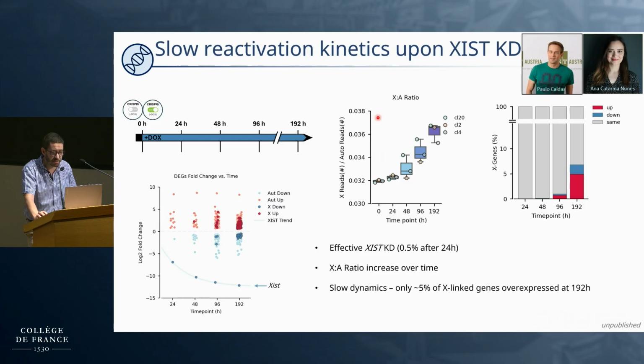It was significant, but if you see here at the scale, this is far from being drastic. Actually, we think only at 192 hours, that is our last time point, we really start seeing genes to be overexpressed. So we have 5% of genes being overexpressed at this stage, which is still far from what we see in eroded cells, that is around 15 to 20%.